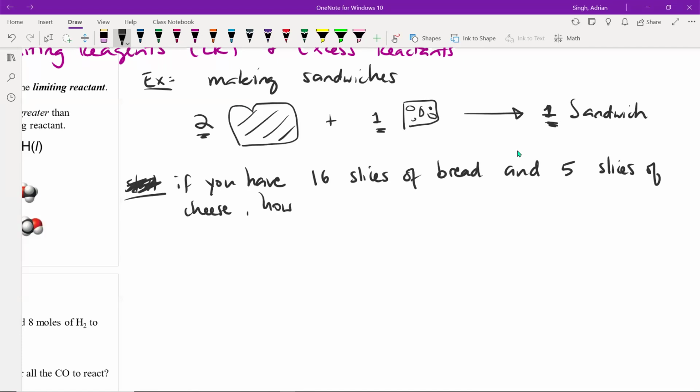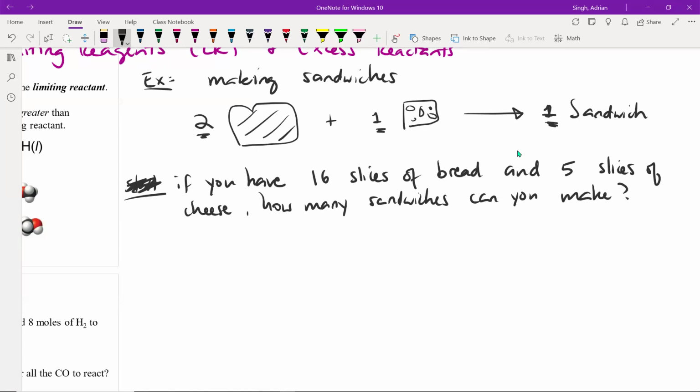How many sandwiches can you make? Okay, it's a very basic sandwich. You're probably thinking to yourself it's not anything fancy, and it doesn't need to be for our example. So how many sandwiches can you make? Just a cheese sandwich.